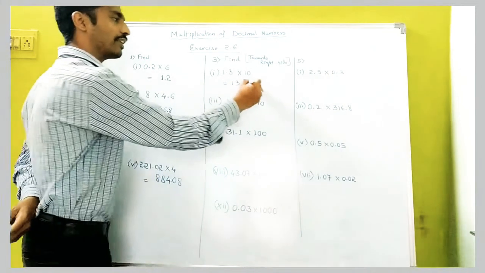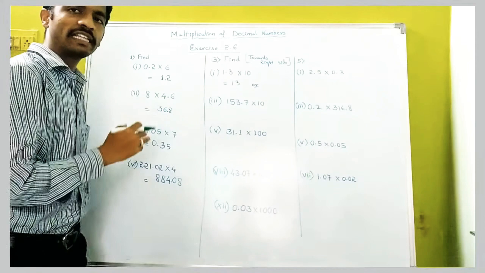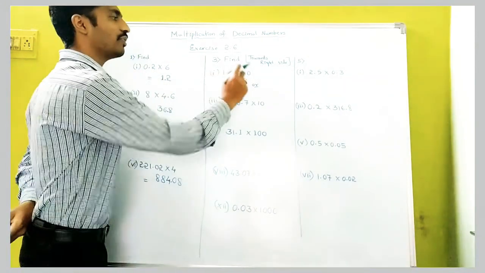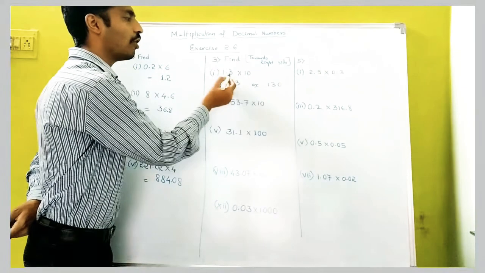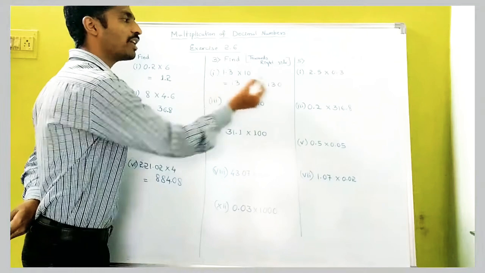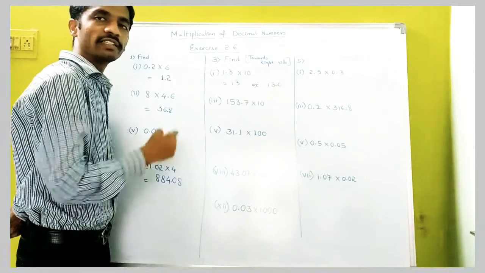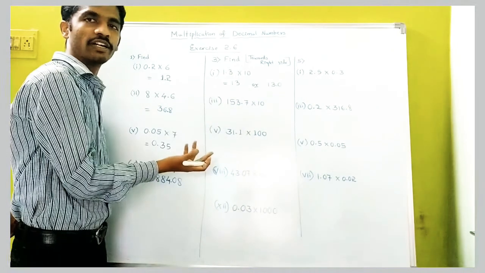Or else you can go with the general form. Here neglect the point. So it becomes 13. 13 into 10. 13 tens are 130. After how many numbers we have to put the point? After one number we have to put the point. So what we got again? 13.0. 13.0 is nothing but our 13. Understood?